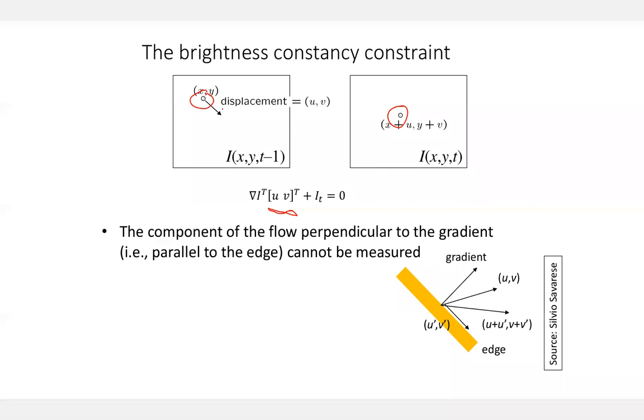For example, if the point you are considering is totally smooth, there's no way you can know where the displacement is. This is kind of obvious. Also, if you have an edge, let's say a line here, it's hard to tell the actual motion as well.